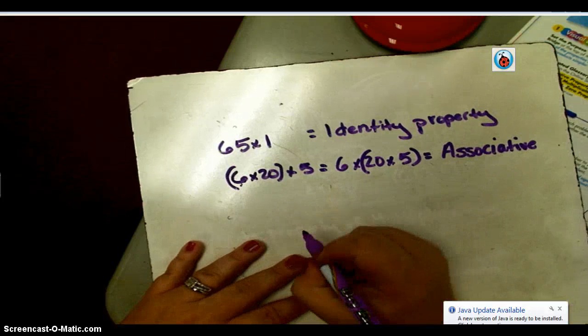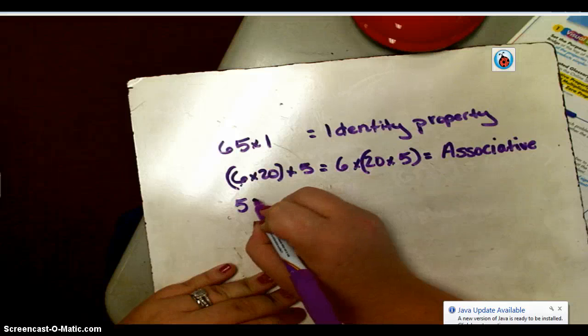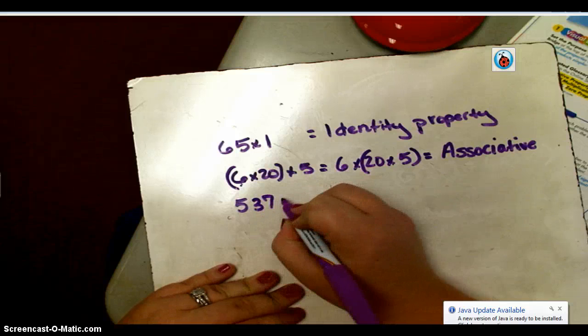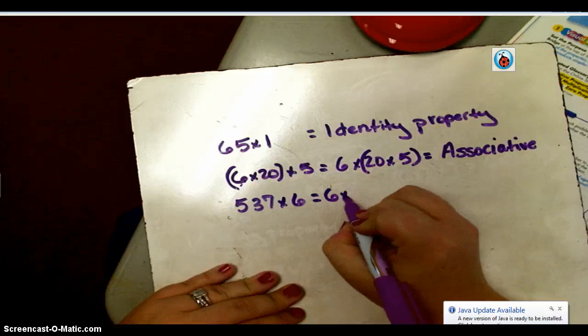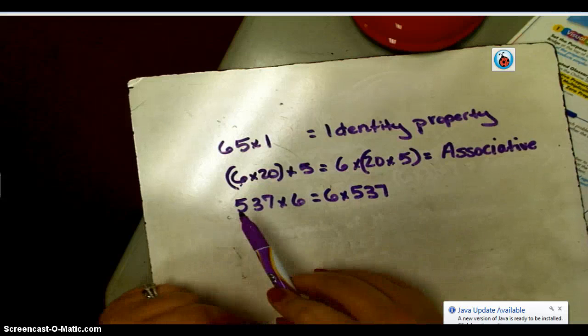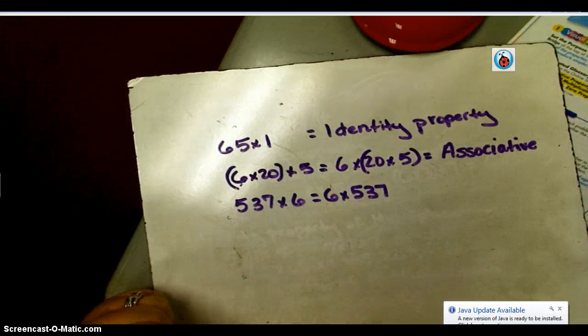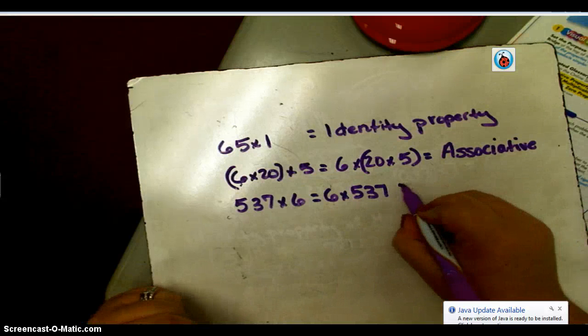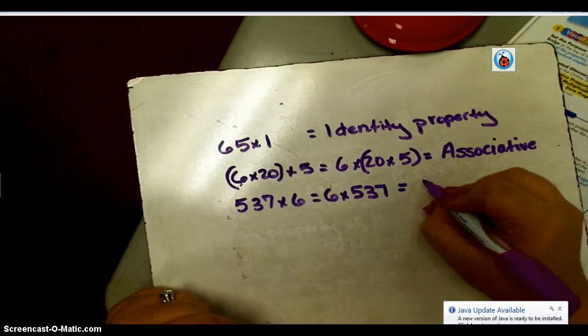Here's another example. If you notice, all I did is change the location of the numbers, but I kept the same numbers. That property is commutative.